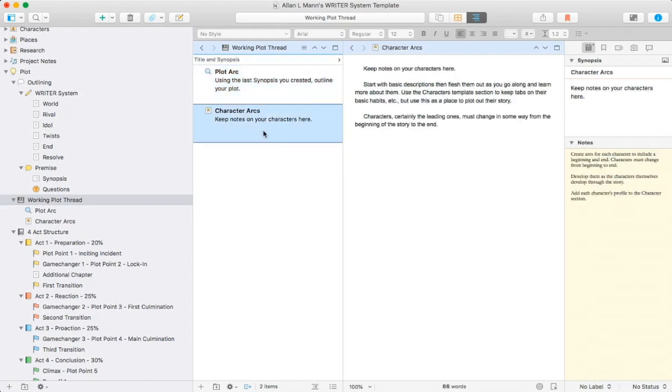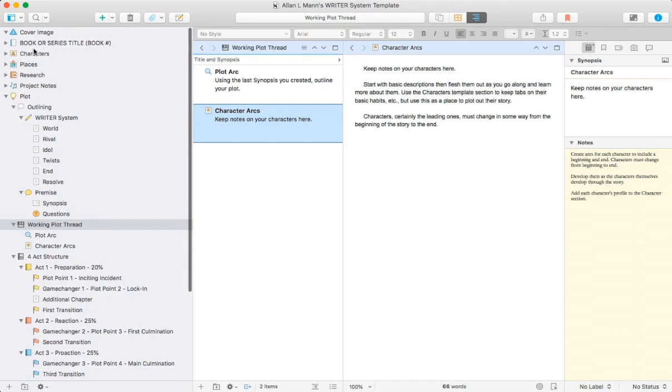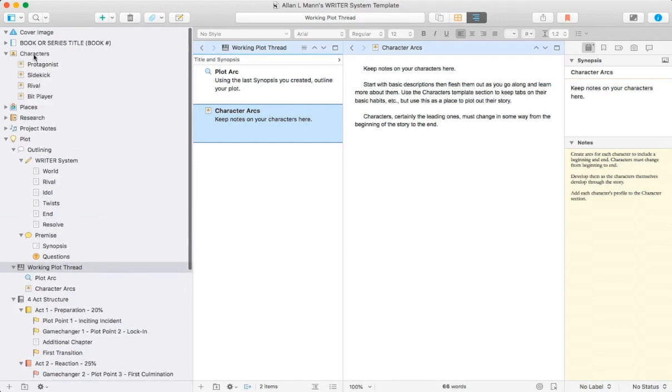Under the section, you also can have the character arcs. Again, through this whole writer system and the premise system here, those processes, you can also put some notes together for your characters. There are also sections in Scrivener up here in the character section. I've just added your protagonist, your sidekick, your rival, your bit players, however many characters you have, they're already preloaded in all of the Scrivener templates.